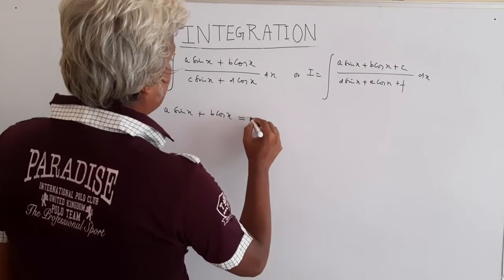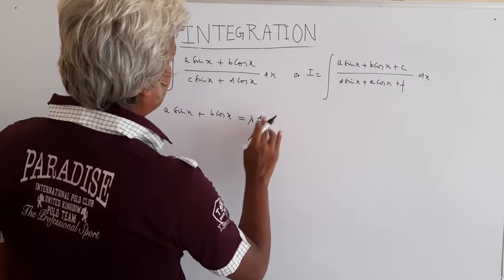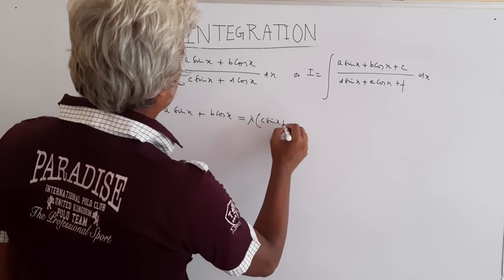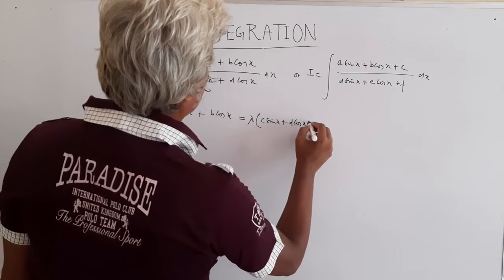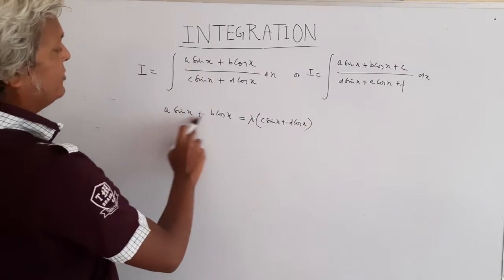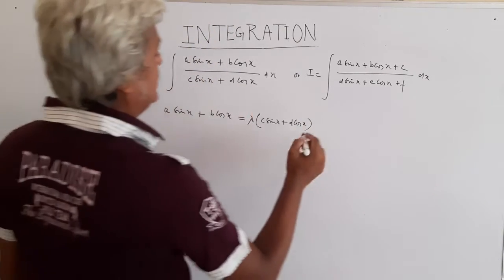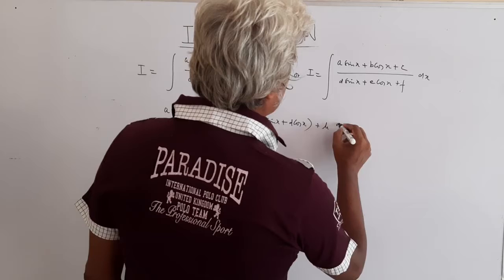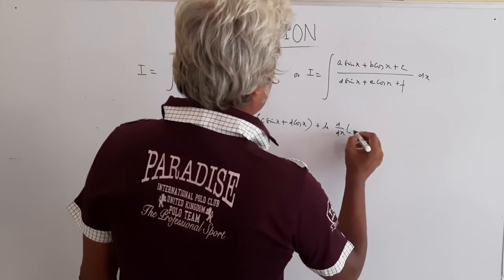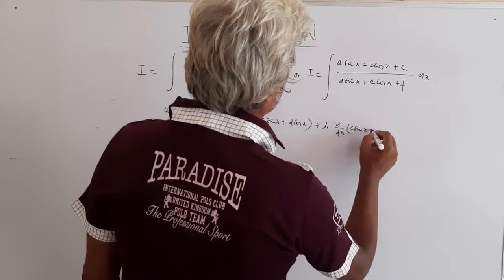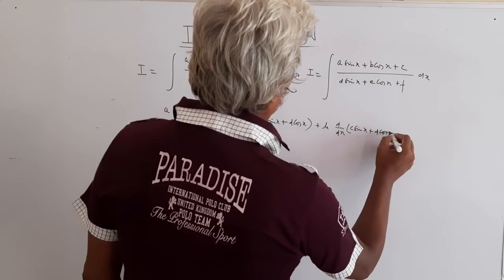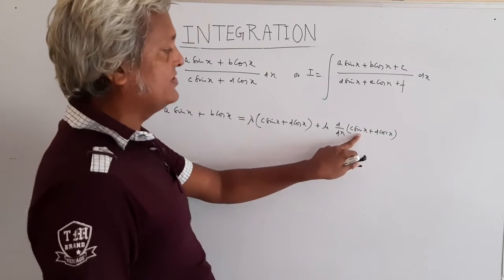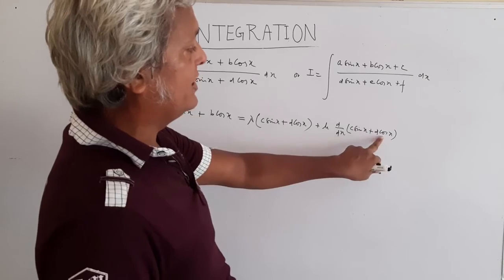You can say lambda times the denominator, c sin x + d cos x, plus another coefficient, mu, times the differentiation of the denominator, d by dx of (c sin x + d cos x). Now if you differentiate this, c sin x will go into the form of cos x, and d cos x will go into the form of sin x.